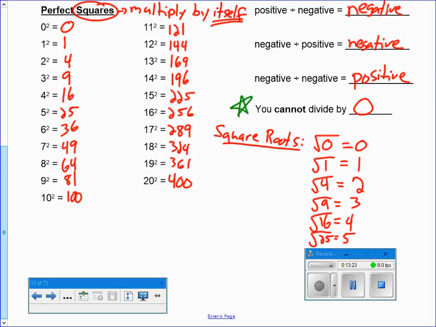You can see now the position is flipped, so our perfect squares are now inside our square root sign, and the result is on the other side. We're just going to follow this pattern all the way through. The next perfect square would be 36, and the square root would be 6.